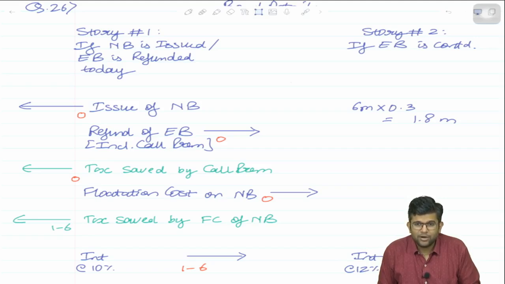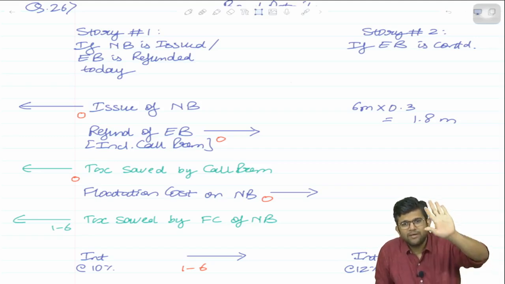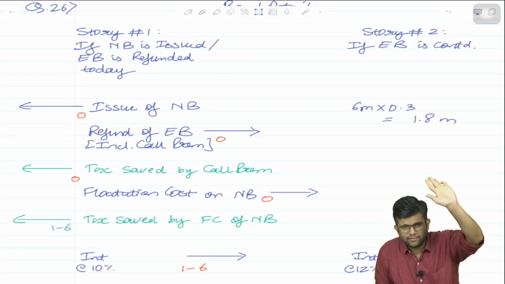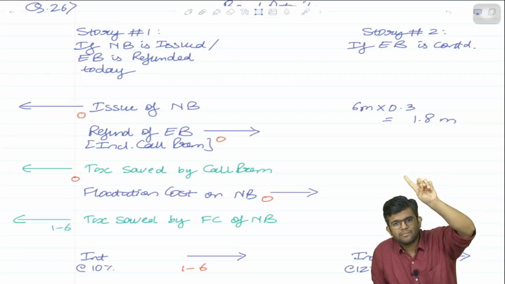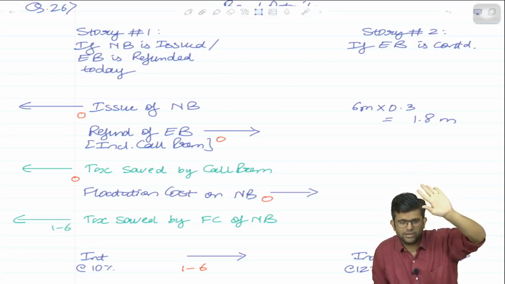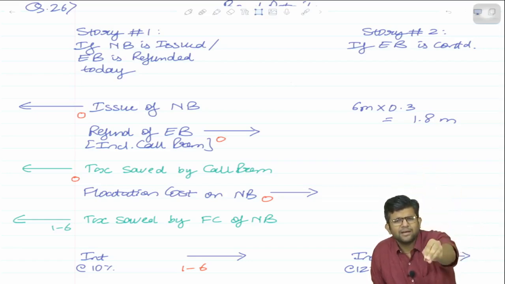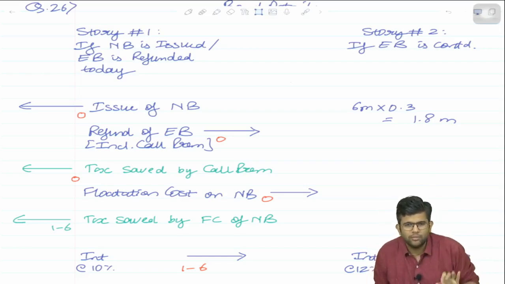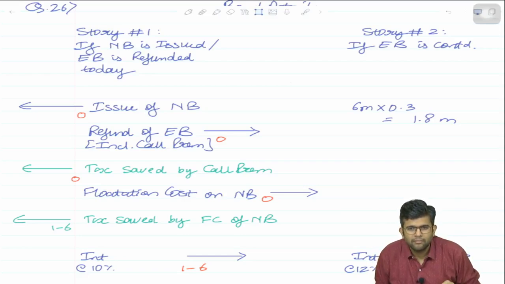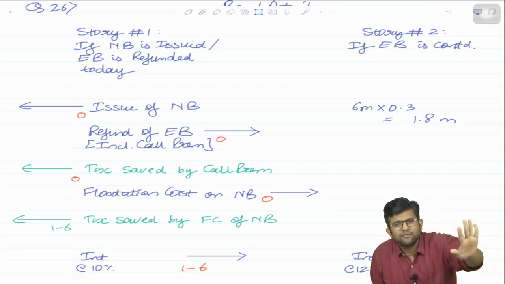I am talking about which flotation cost? Not this 6 million. I don't even know what that flotation cost is. I am just telling you that when I issued to Bhavani, at that time I must have incurred some flotation cost. Imagine, students, 4 years back I had issued the bond to Bhavani, and the total life of the bond is 10 years.